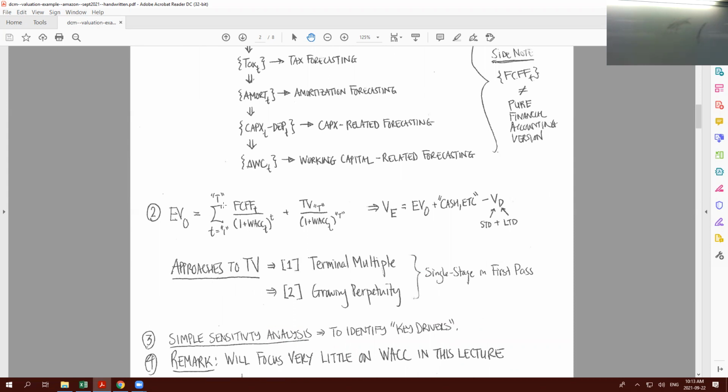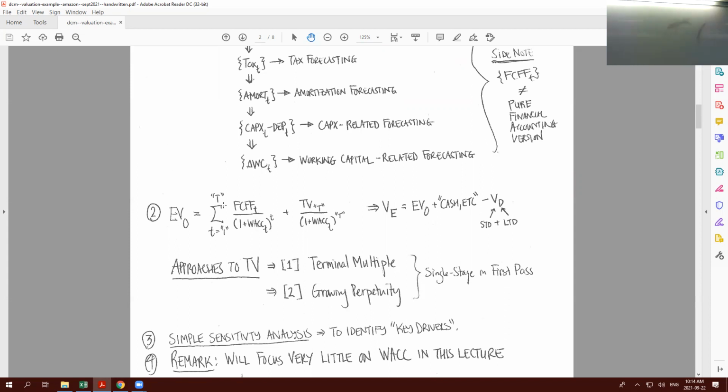We found that the precise numbers we use for tax, amortization, and CapEx related stuff moved value, but it was second order compared to those other things: revenue, margin, and two different ways of thinking through terminal value.